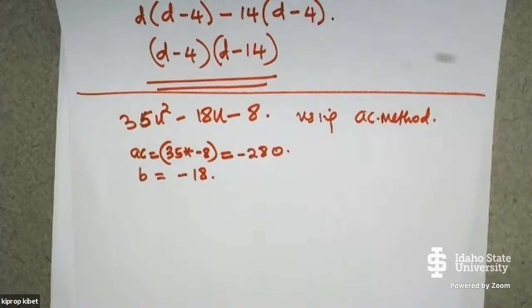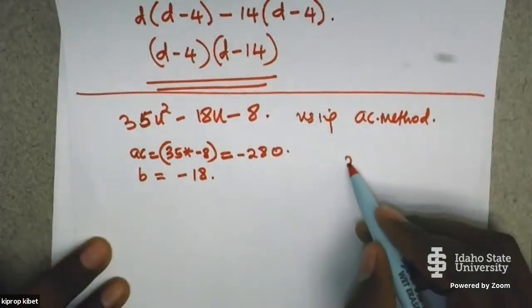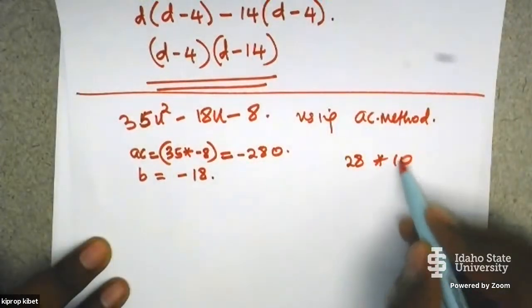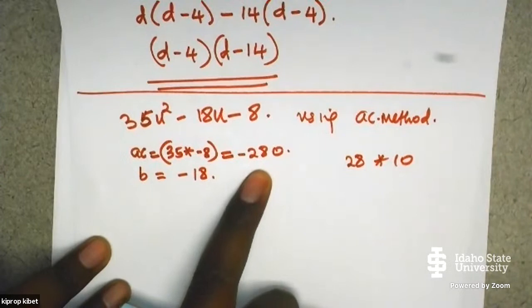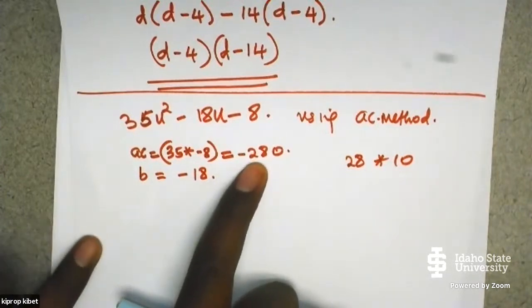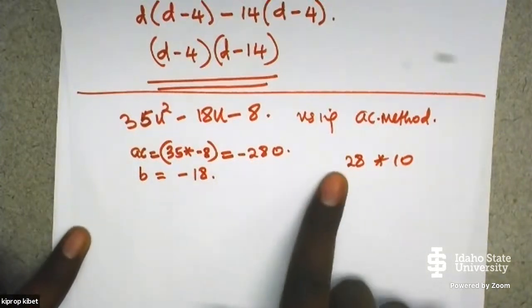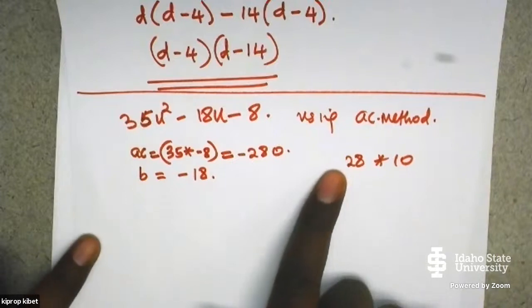Now, if you take 10, if you divide by 10, you get 28, right? So we can do something there. So 28 by 10, you get 280. Now, since this one is negative 280, that means one of them should be negative.